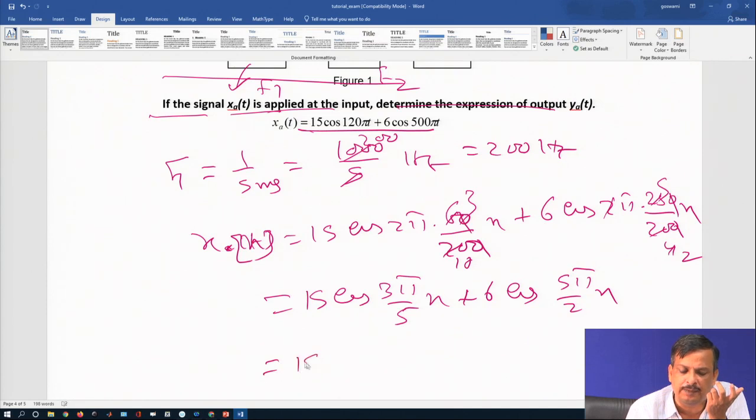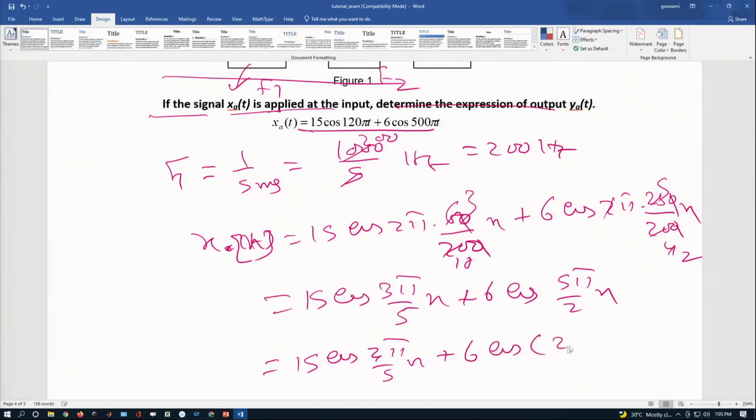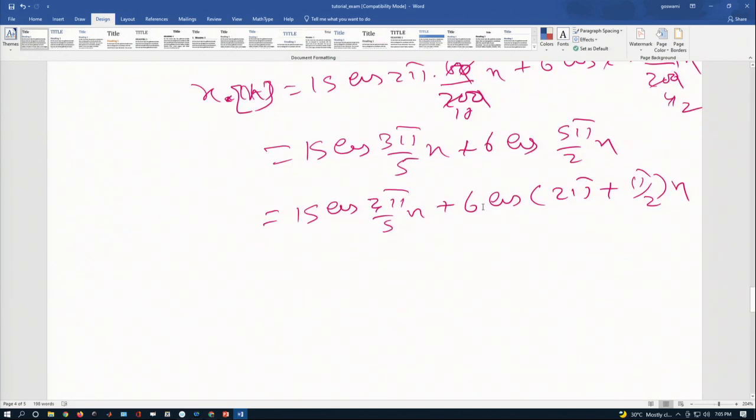So, I can say it is 15 cos 3 pi by 5 n plus 6 cos of 2 pi plus pi by 2 n. So, I can say the signals separated by 2 pi are identical. So, it is 15 cos 3 pi by 5 n plus 6 cos pi by 2 n.